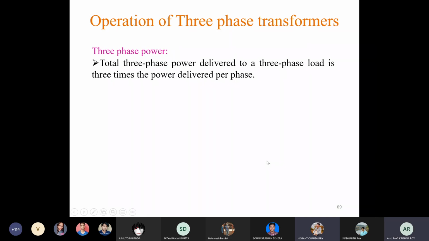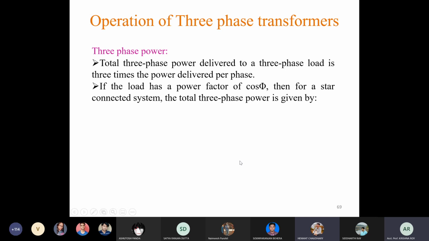The total three phase power delivered to a three phase load is given as three times the power delivered per phase. So suppose each phase is giving a power of P1, the other two phases will give P2 plus P3.